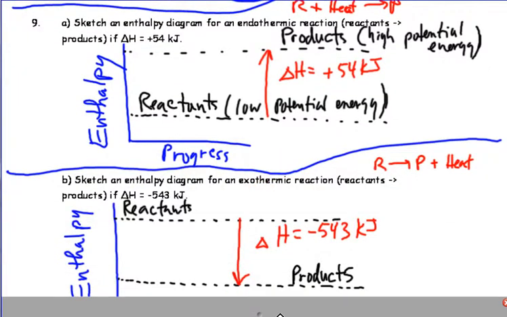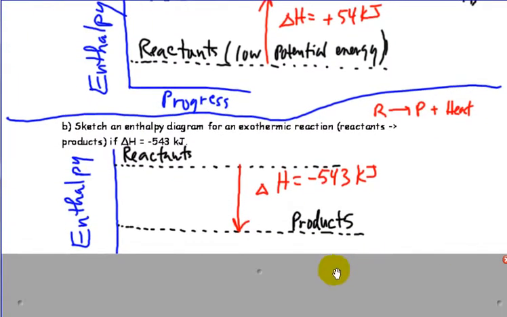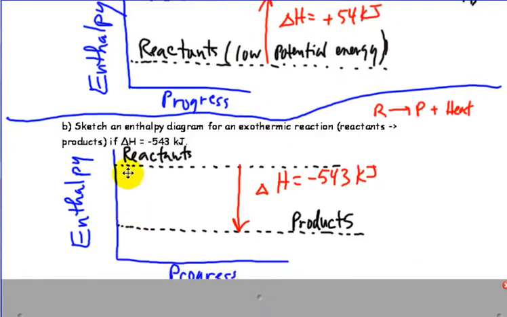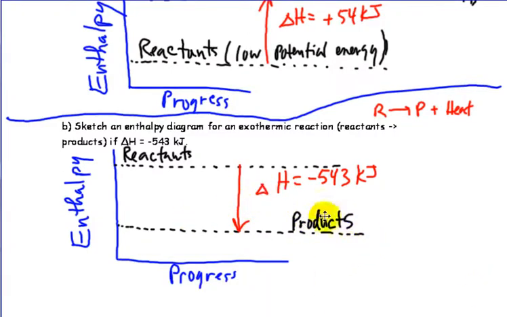Exothermic, vice versa, we have high energy reactants forming products that have a low energy. They don't need that extra energy, so the extra energy is released. As you can see by the negative sign, we're losing the energy because we don't need it. We're forming products that have a lower chemical potential energy than the reactants.